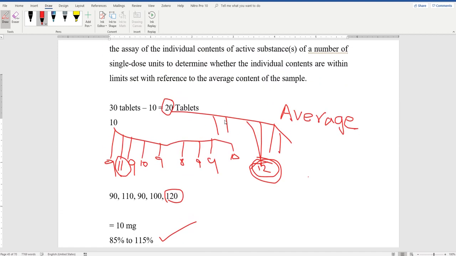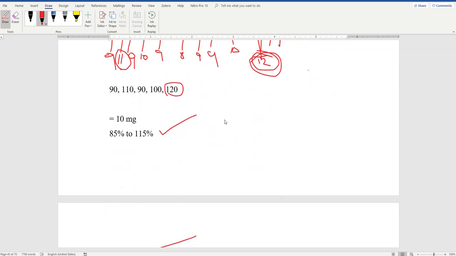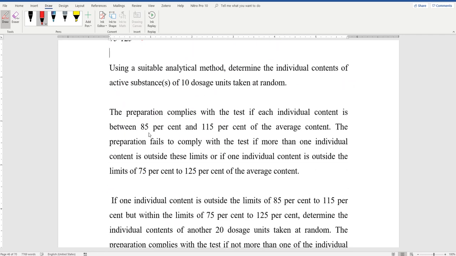Okay, see the summary of all what I talked about. The preparation complies with the test. It means it will pass the test if each individual content is between 85% to 115% of the average. That is, if all the first 10, if each one of these 10 is between 85 to 115% of the average, done, fine.